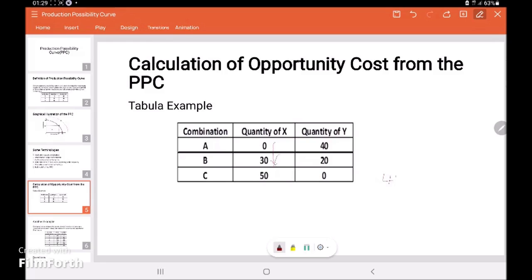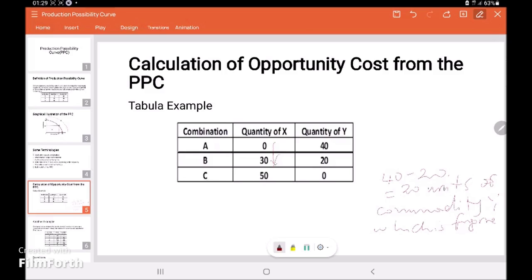That is 40 minus 20, which gives us 20 units of commodity Y, which is sacrificed, which is forgone, in order to produce 30 units of commodity X. Similarly, if you are asked what is the opportunity cost when you move from B to C?